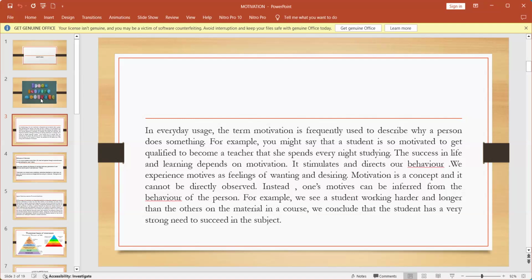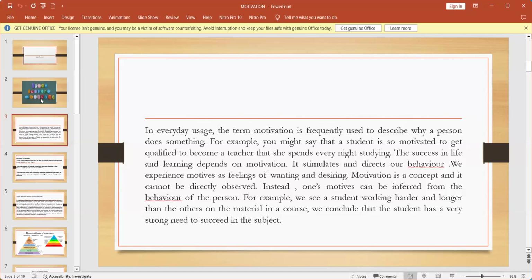But that is only the first step of motivation. You have to transform that feeling of wanting, the feeling of need fulfillment, into a motivation. How can you transform it into a motivation?